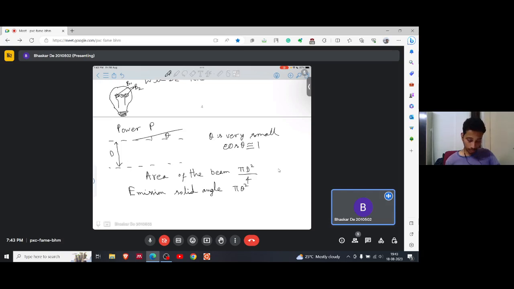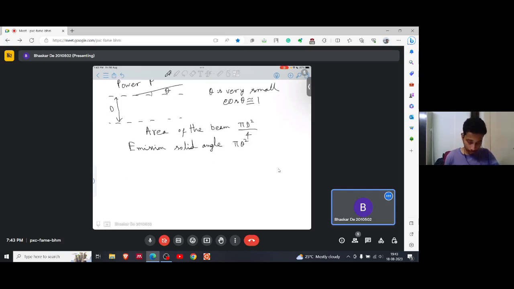Then according to the equation we will have P equal to B cos theta ds d omega. Here we have power P, the brightness B, and cos theta equal to 1, so there will be no cos theta term.